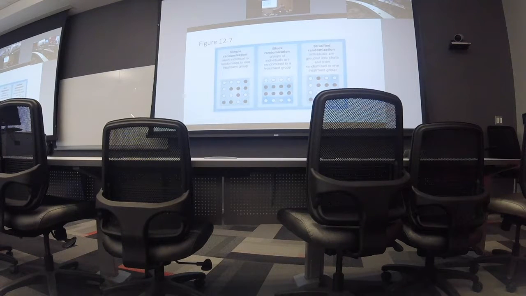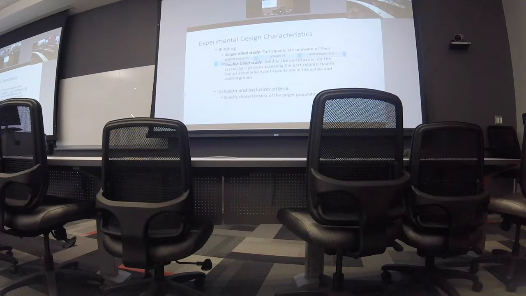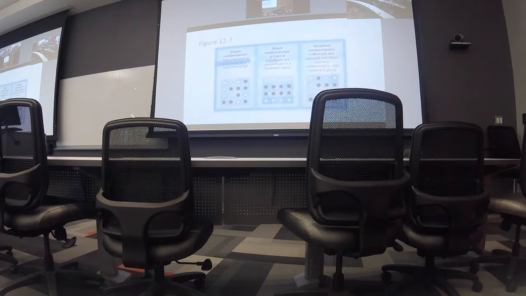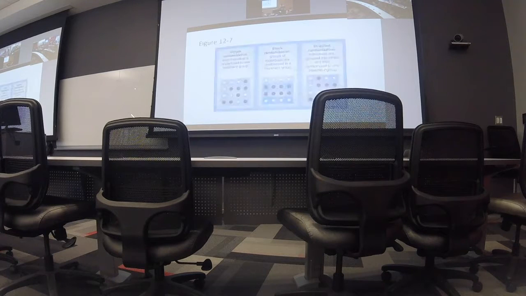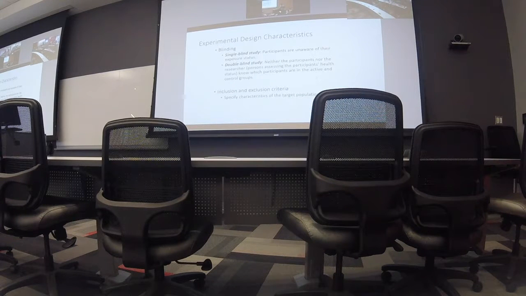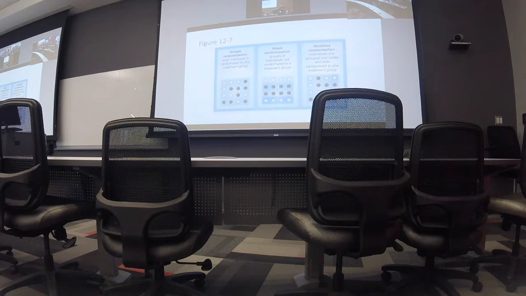So this is the block, this is the block, not individual. And then stratified randomization: individuals are grouped into strata and then randomized to the treatment or non-treatment. So I would do a strata here, a strata here, a strata here, and a strata here. So you stratify and then you randomize.